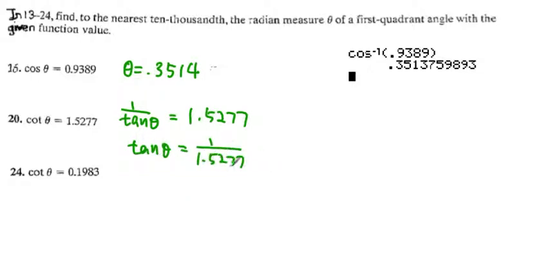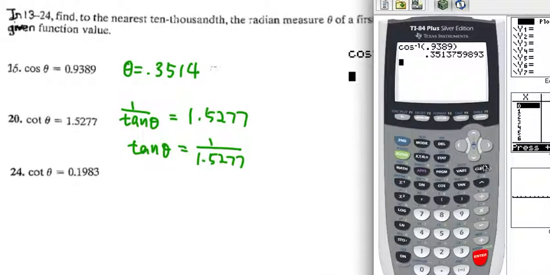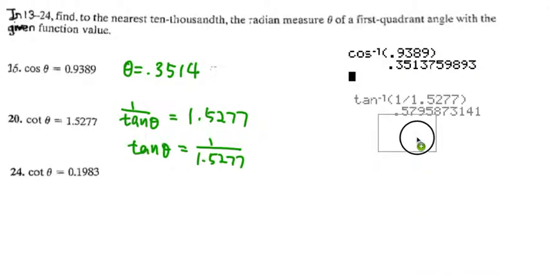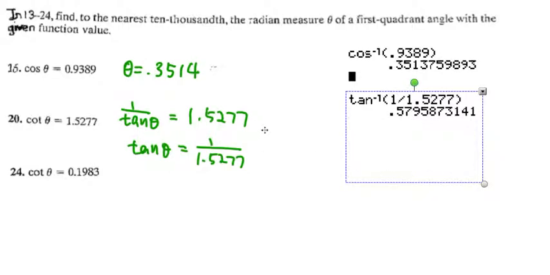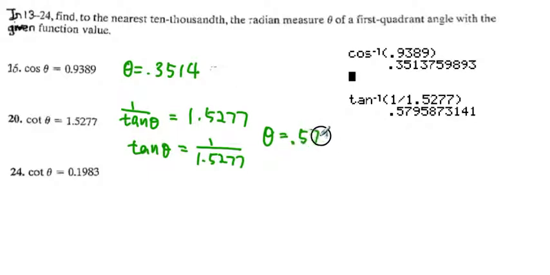We'll use this one because our calculator accepts the tangent function, not the cotangent function. So our second one will be inverse tangent of 1 over 1.5277. Then we'll end up getting this value over here. So once again, theta would have been equal to 0.5796.